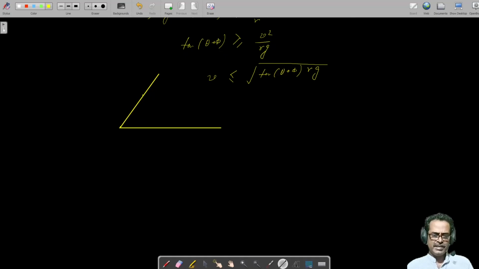Suppose this is CG and its weight acts along this direction, mg, and centrifugal force acting in this direction.